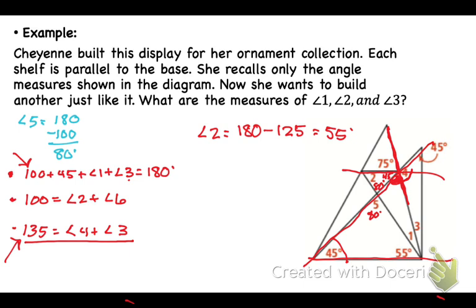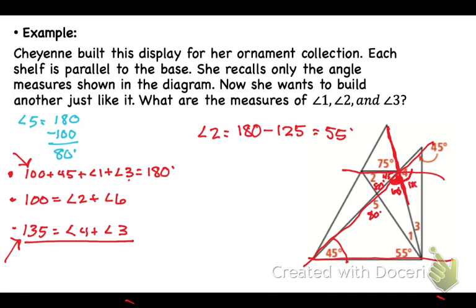Okay, so 75 and 45 is 120. So 180 minus 120 is 60. So if this is 60, then 180 minus 60 would be 120.